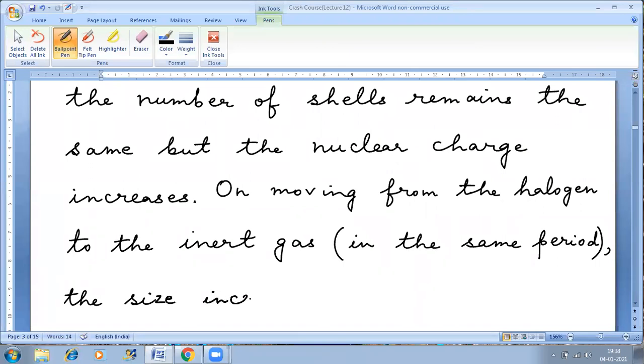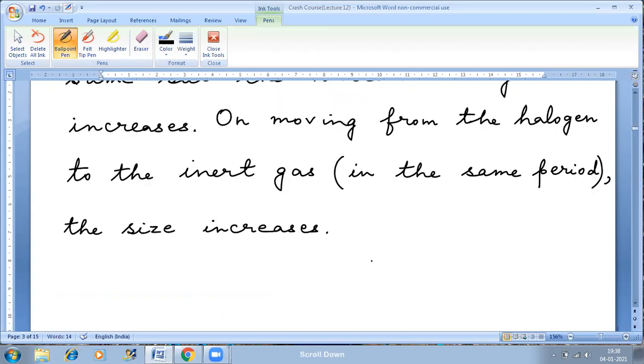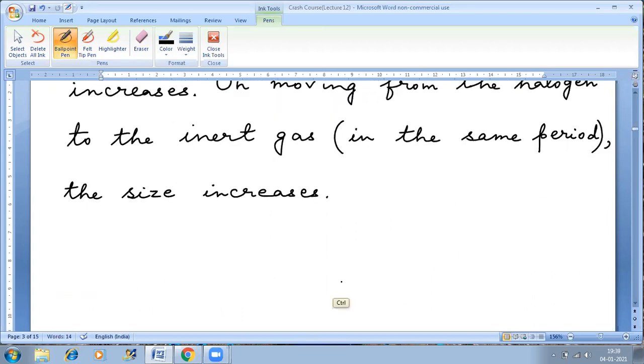So this is one important point that you have to remember. So there is some other reason behind this. So when you are going from the halogen to the inert gas in the same period, the size increases. So this is one thing that you have to keep in mind.